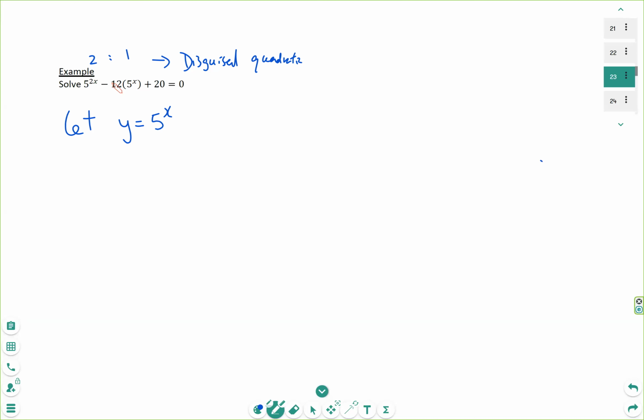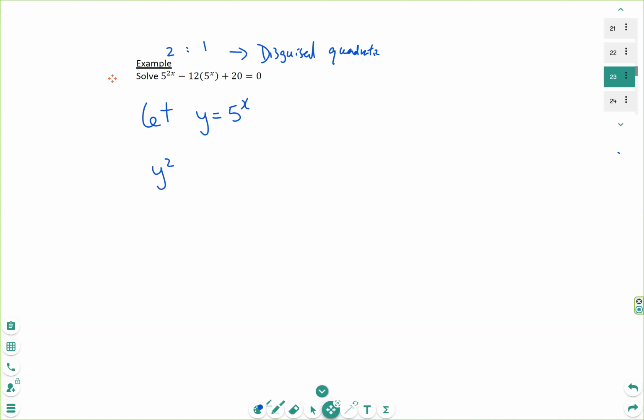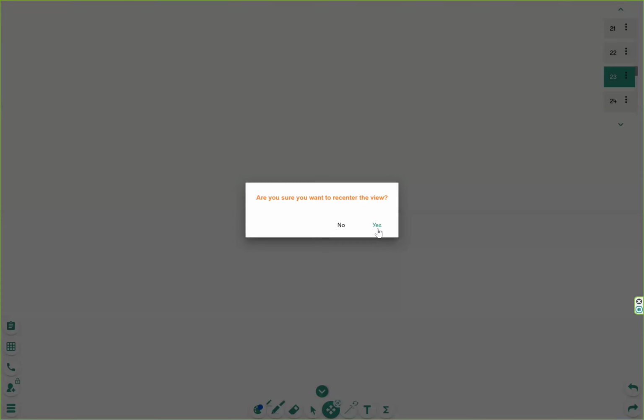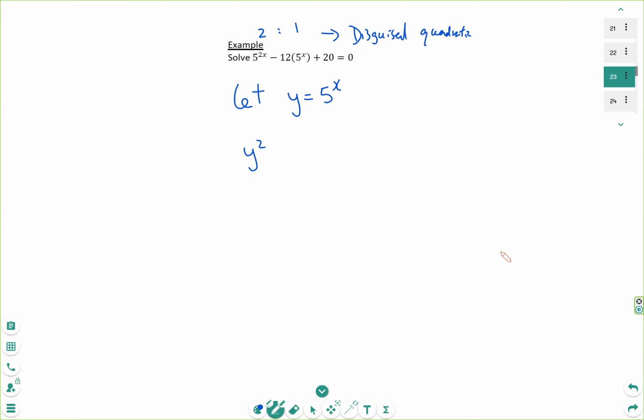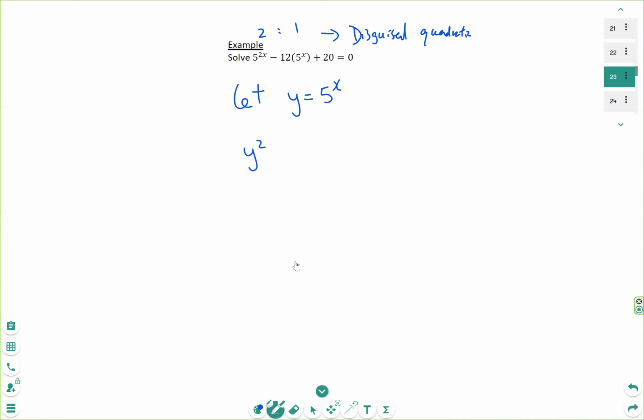So 5 to the power of 2x therefore becomes y squared. Well, why? If you think about it this way. The mouse just ran out of battery.